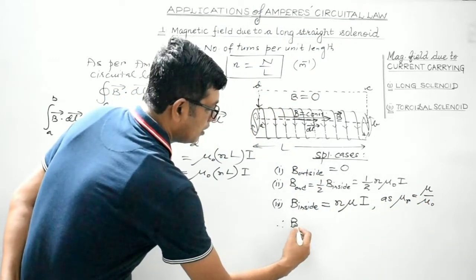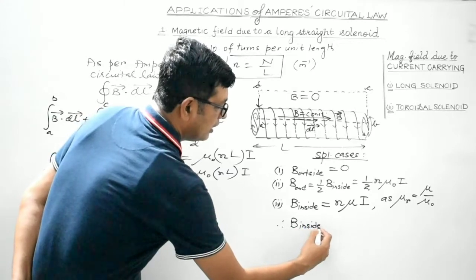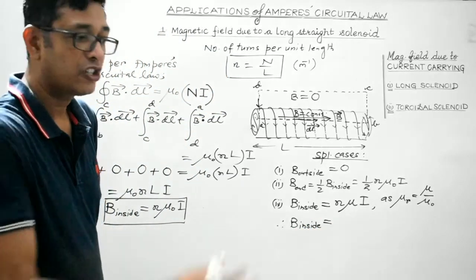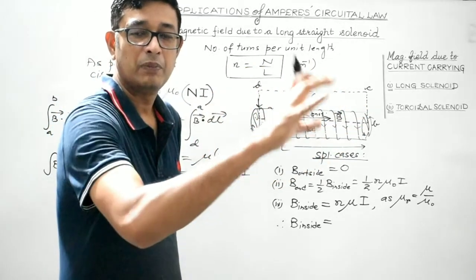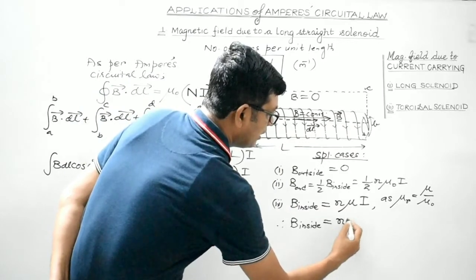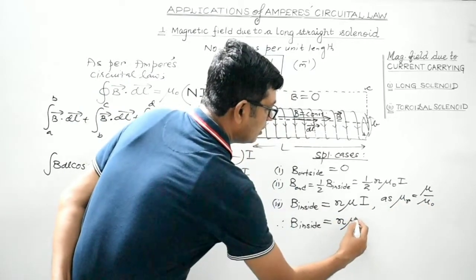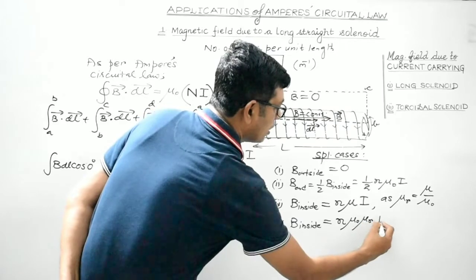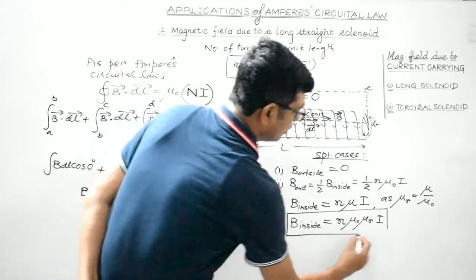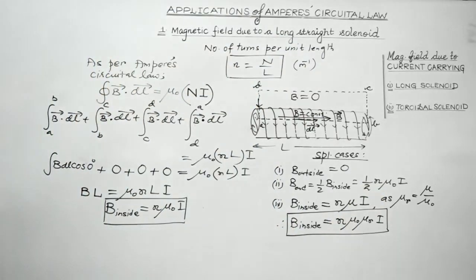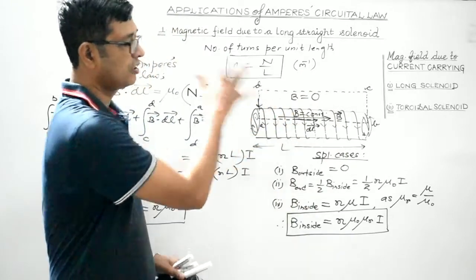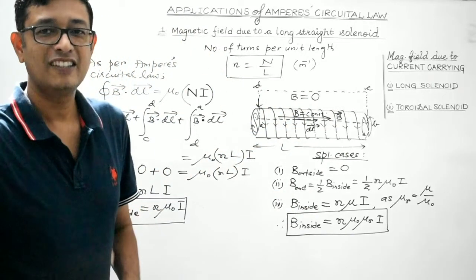Therefore, the magnetic field at a point well inside a current carrying long solenoid in which a rod of material of permeability mu is inserted is given by n, in place of mu, mu naught mu r I. So students, this is the formula, right? These are the special cases associated with the long current carrying solenoid.